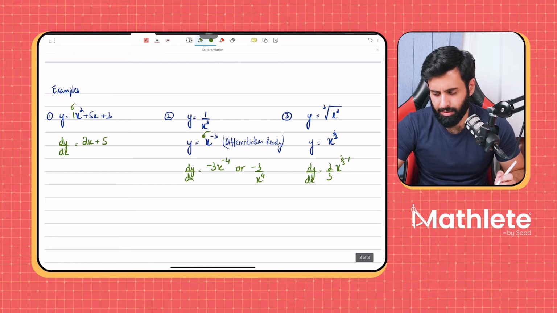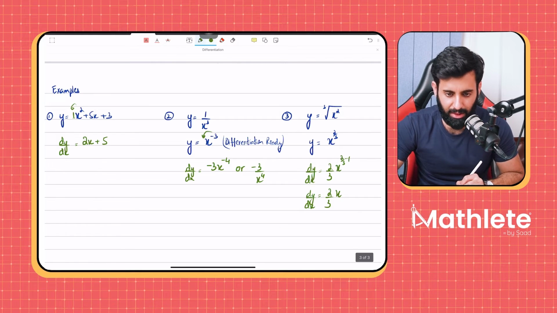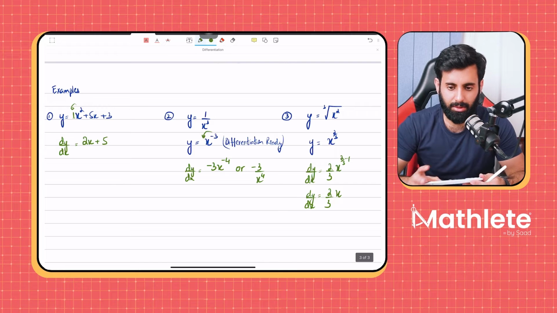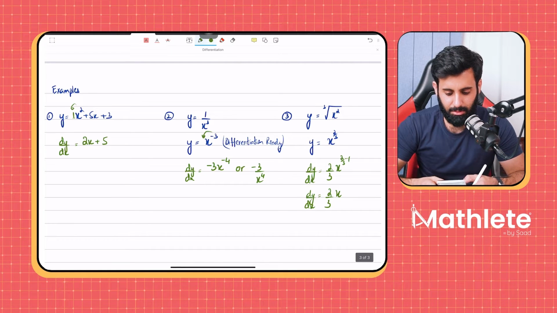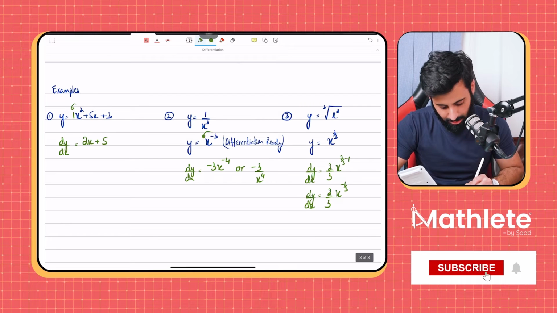Can we also do it directly in calculators? I don't think you can. In fact, I'm sure you can't do this directly in calculators. How will you differentiate directly in calculators? Do you mean the calculation part, as in 2 over 3 minus 1 and all that? Is that what you mean? Then what do you mean?